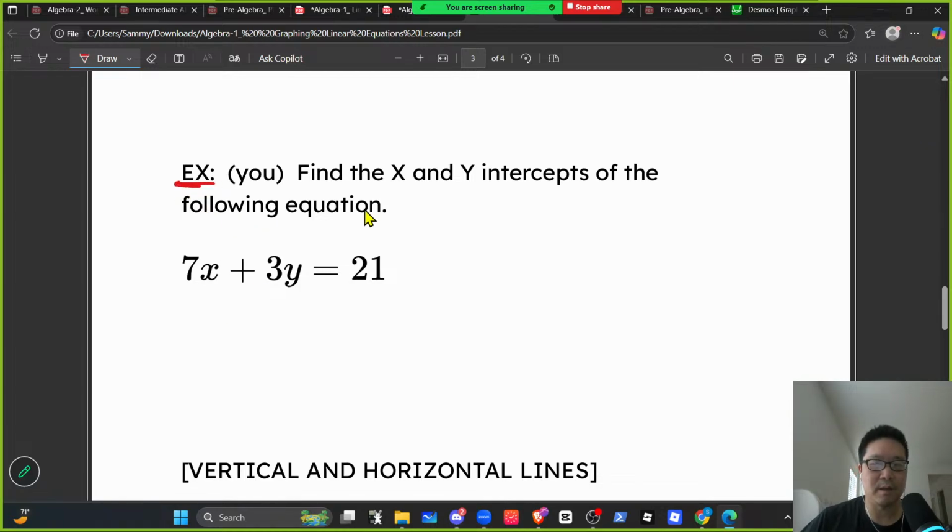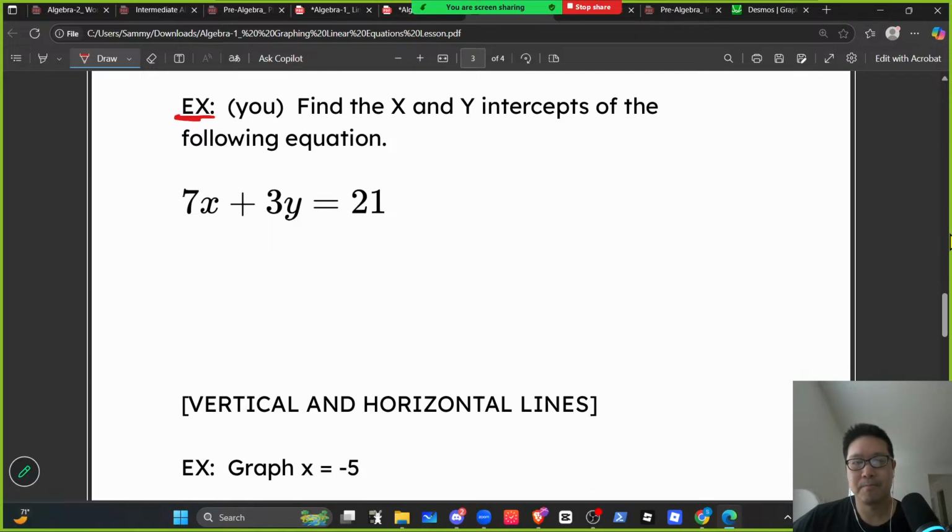Okay, you're finding the x and y intercepts of 7x + 3y = 21. I'm done.